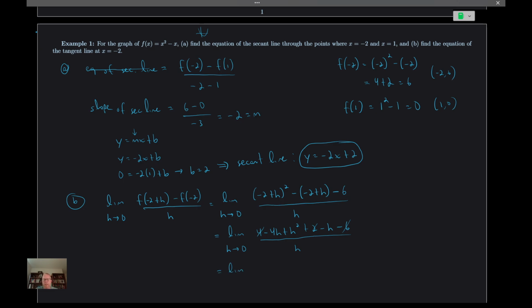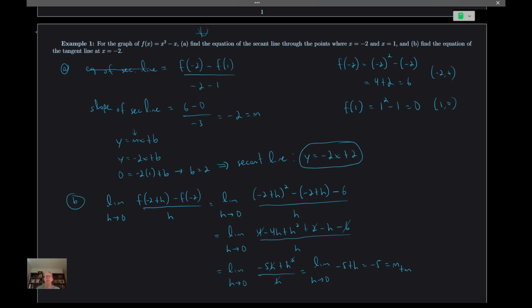So we have the limit as h goes to 0 of -5h plus h squared over h. We can factor out an h, so we have the limit as h goes to 0 of -5 plus h. And so that's going to be -5. So this is the slope of the tangent line.